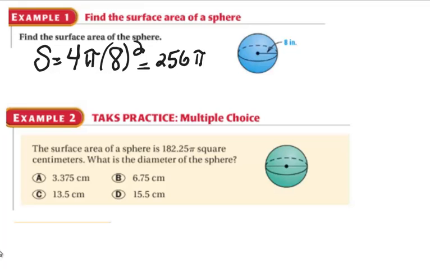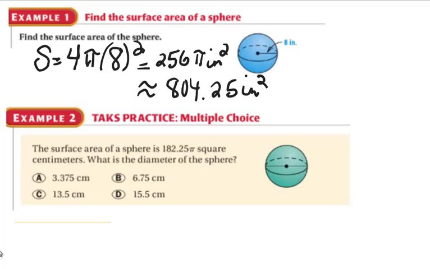That is in terms of pi, exact value. It's an area, so it's a squared unit, inches squared. If I want an approximation or decimal, I'm going to type in 256 times pi, and I would get 804.25. And again, that's inches squared.